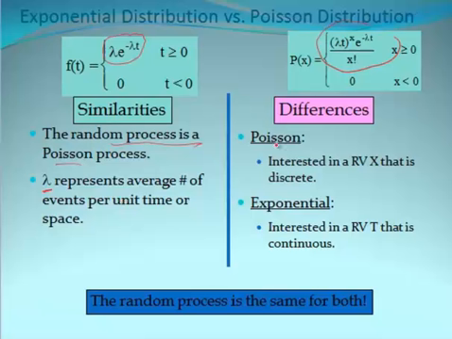The differences are that in Poisson, we're interested in a random variable that's discrete, and in exponential, we're interested in a random variable that's continuous. But the random process underlying all this is the same for both. I think that's really an important finding.